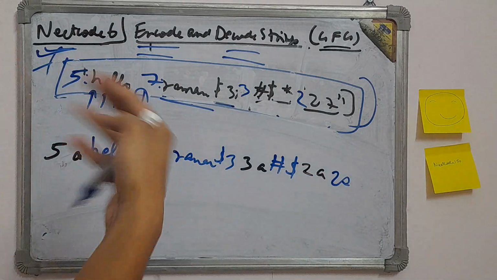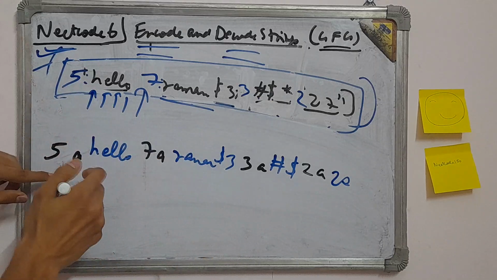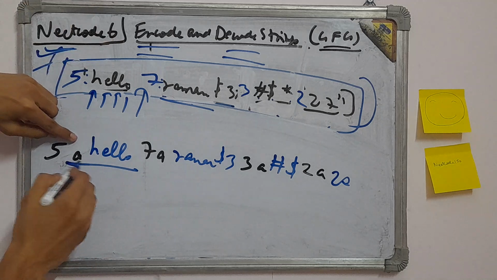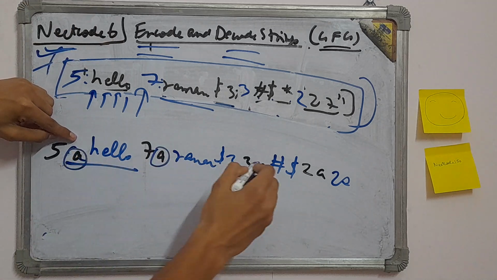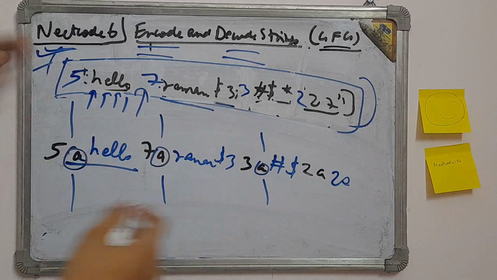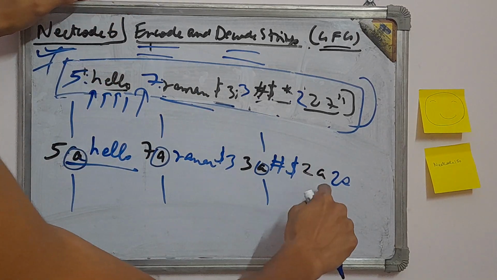Now as a human, we might think 5A, hello, 7A, Raman, what is A? What is all this? We might consider this as a string. But the computer knows that there will be a length, that means after the delimiter starts, the delimiter will always be A. This is just the line we made, this is A here. We can make the line anything. So 5A, then 5 letters, 7A, 7 letters, 3A, 3 letters, and 2A, 2 letters.